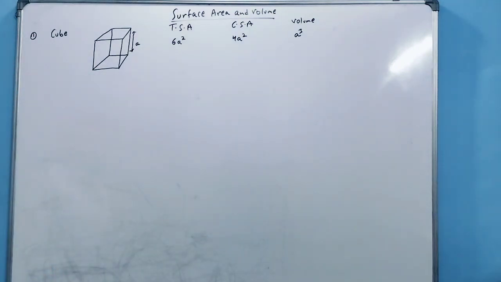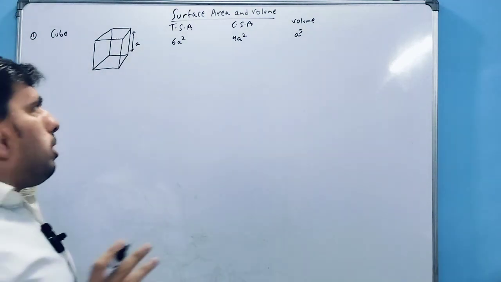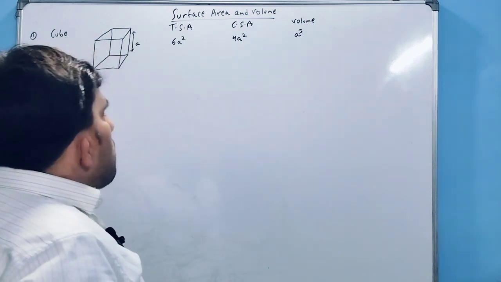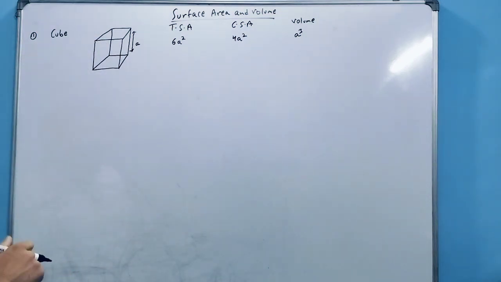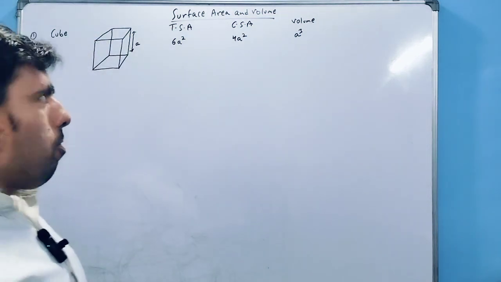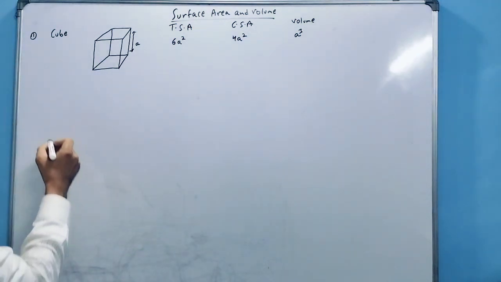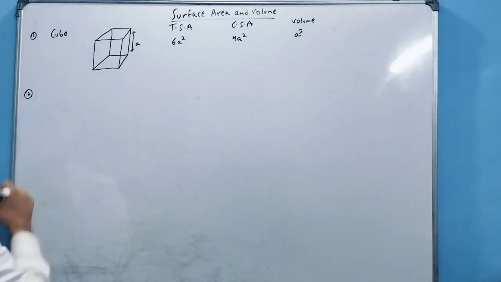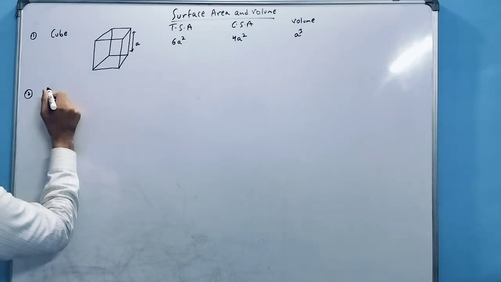I am taking a as the side, so according to it the formulas will be TSA, CSA and volume.